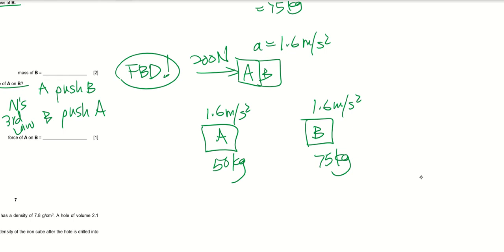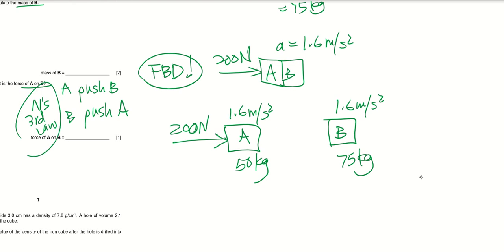So for A, what is pushing her towards the right is the 200 newton by the third person. But when she is being pushed and she's touching B, she's pushing B, and B is pushing her back. This is Newton's third law. You need to know this.